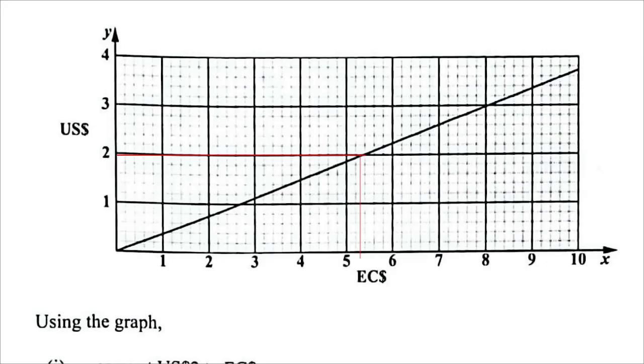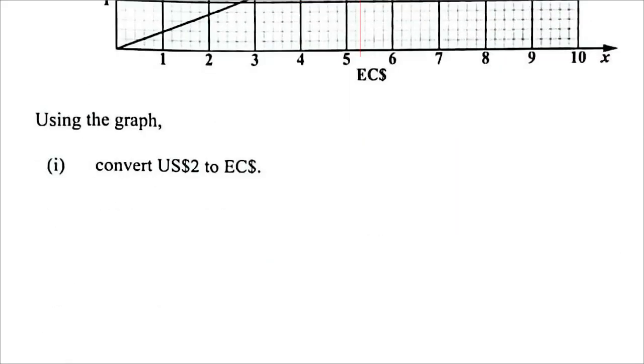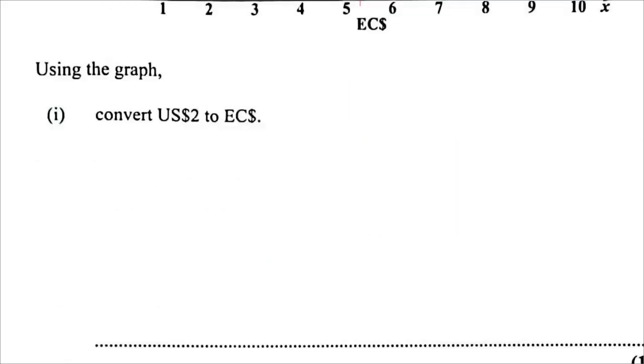Right. So how you would do this, first off, let me show you this instead of me just explaining it. How you would do this is you would say we know that 5 of the small spaces is equal to $1. 5 spaces is equal to 1 EC dollar.